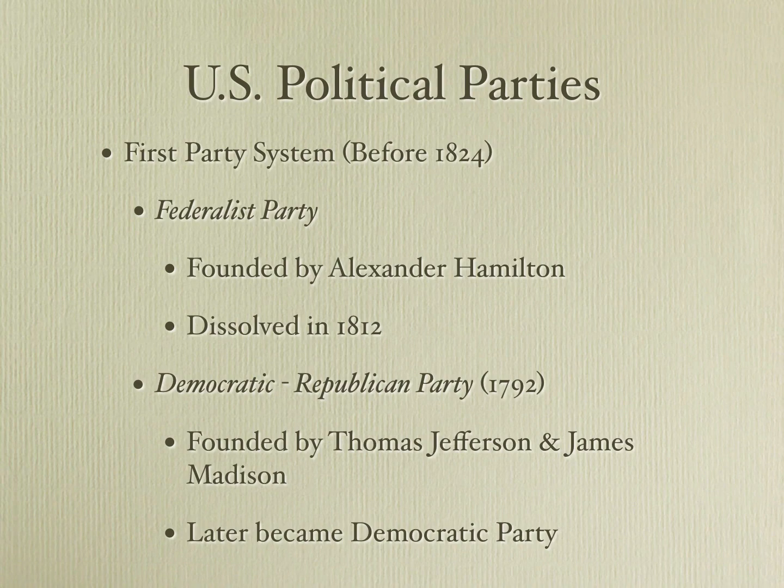The Democratic Republican Party was founded in 1792, and it would later become the Democratic Party that we know of today. But this Democratic Party, founded by Jefferson and James Madison, started out being a radical party, but later morphed into an extremely conservative party.